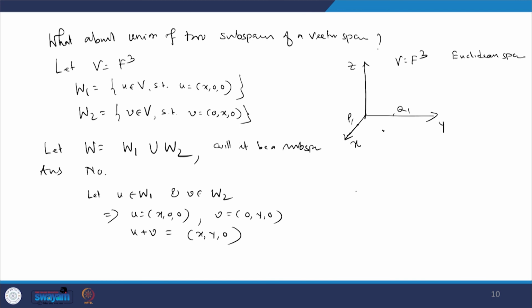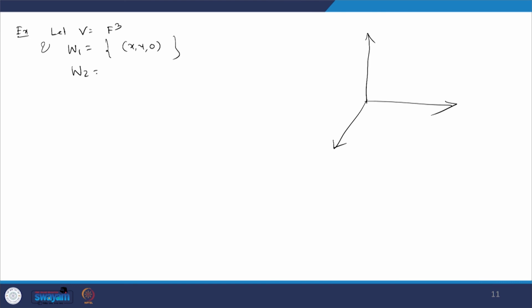but it will be a subspace provided one is contained in the other. Let me take an example and show it. Let V equal F3, and W1 equal to the collection of all points x comma y comma 0, and W2 equal to all the points x comma 0 comma 0.